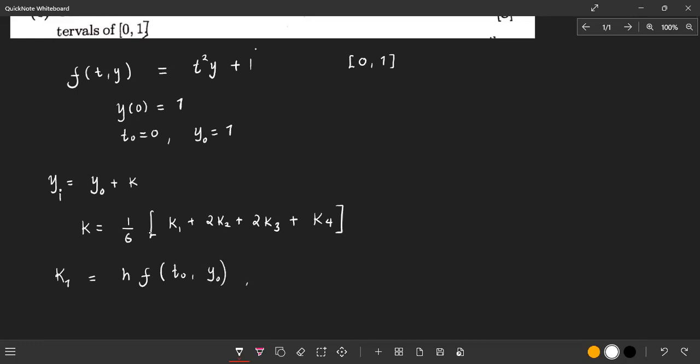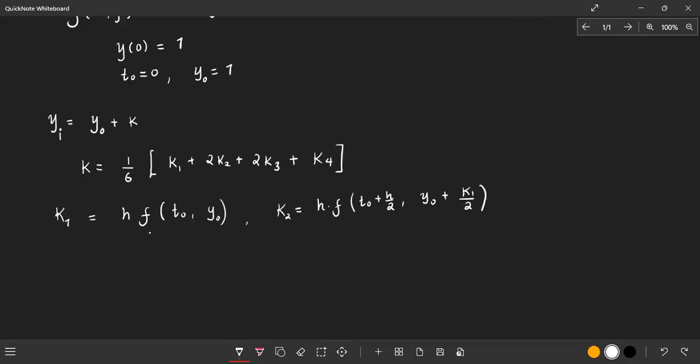Similarly, k2 can be calculated by using this formula: h times f, evaluating this function f at t naught plus h over 2, comma, y naught plus k1 over 2. So for us to find k2, it requires us to first find k1.